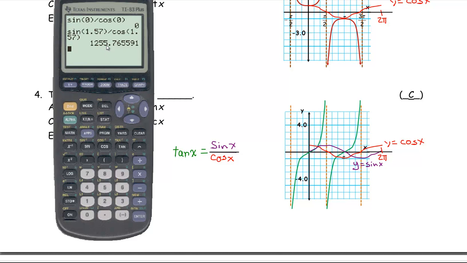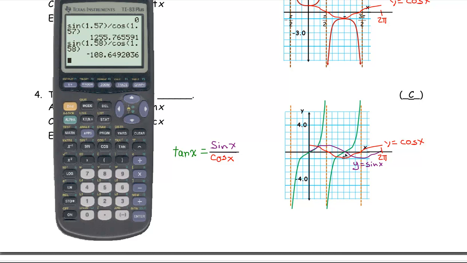And notice the tan function is, well, it's over 1200. So that's why the tan function gets so very steep here. The closer you get to the asymptote, the higher the tan value. And then just on the other side, if we were to take like a sine of the 1.58, for example, divided by the cos of the same angle, then the tan function is -108, almost -109. So that's why the tan function is so far down here.